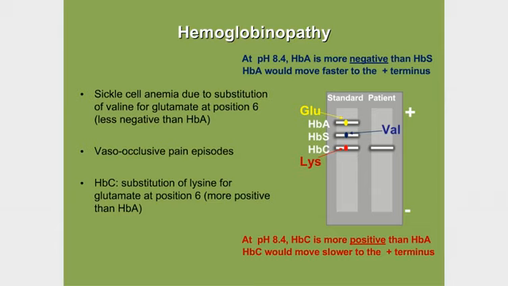So the left side are the standards, the right side is the patient, and the hemoglobin of the patient is migrating side by side to hemoglobin C. That patient therefore has hemoglobin C, meaning the mutation is resulting in a lysine for the glutamate.